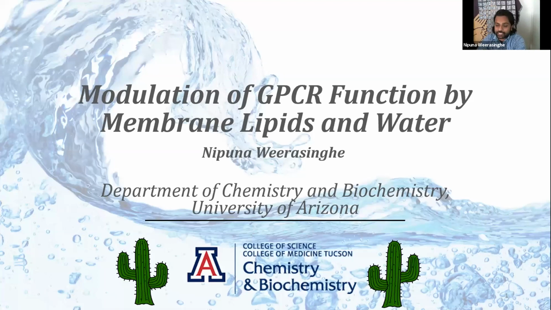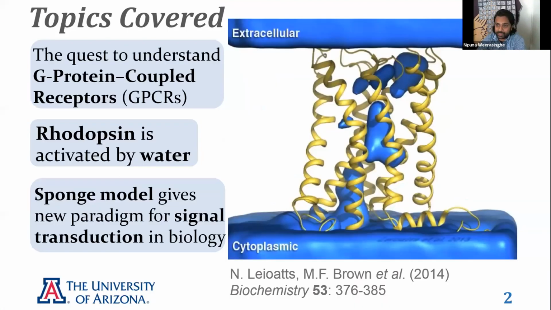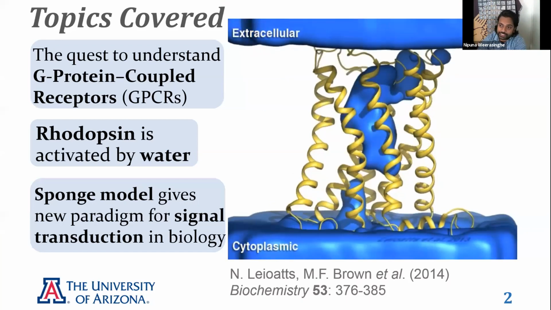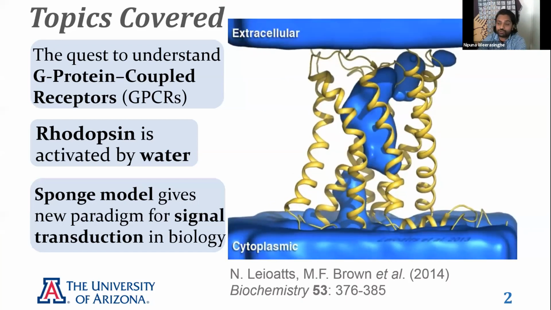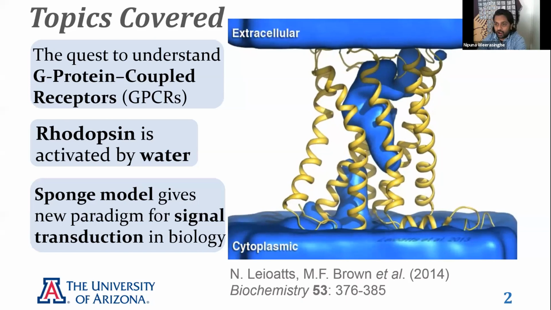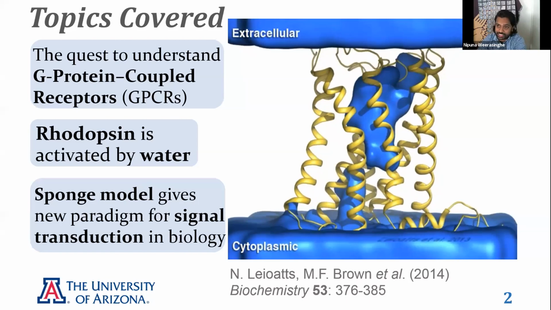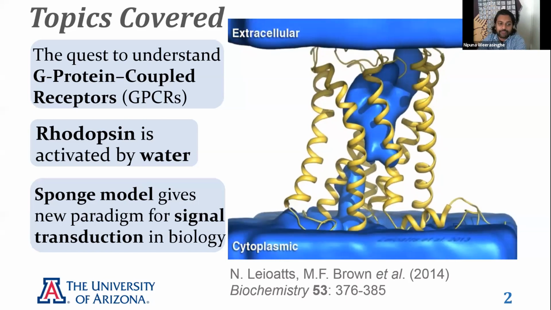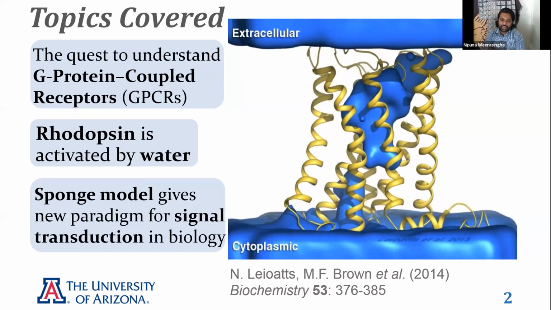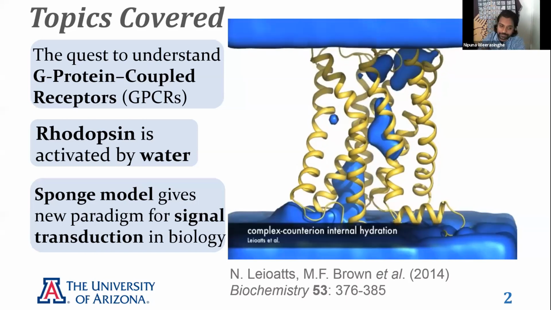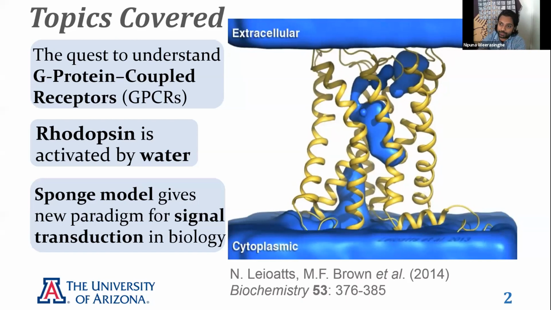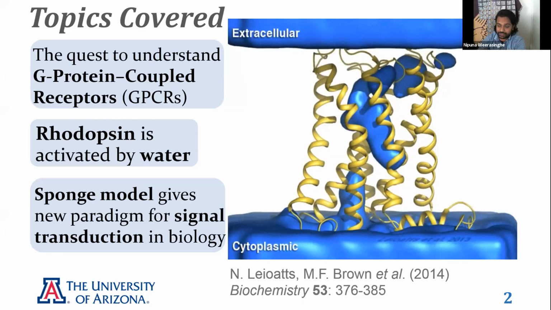Then I will explain the experiment we did, the results we obtained, and the conclusion we made on the role of cellular water on the rhodopsin activation process. Then finally, I will present a new signal transduction model we developed to explain our experimental results.